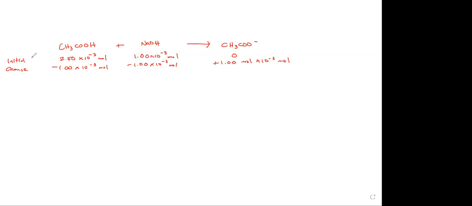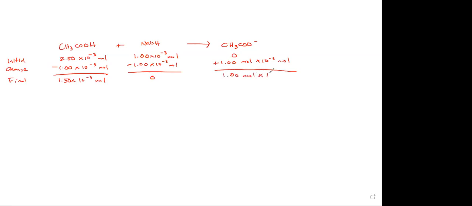So at the end, what happened? You're going to get the difference between the two. So what do you have in the NaOH at the end? 0. All of them are used up. And this one will have 1.5 times 10 to the negative 3 moles. And this one would have 1.5 as well.